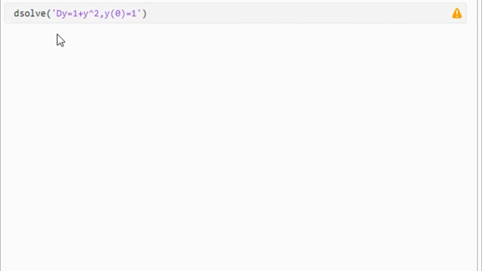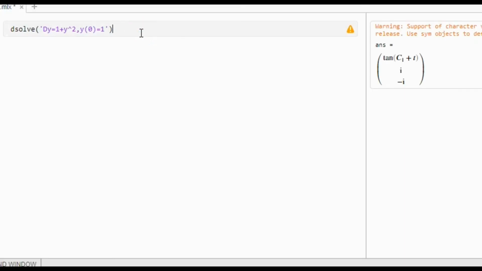Yes, this is your required answer. So this is the code of another differential equation, the solution with the initial conditions.